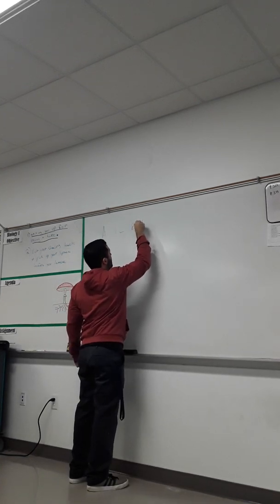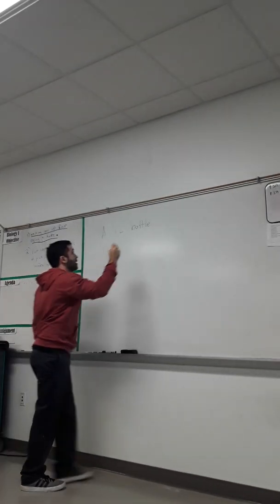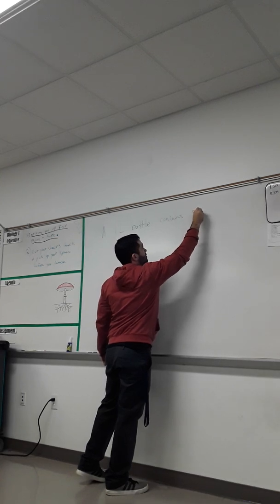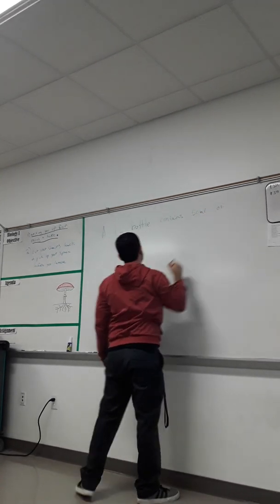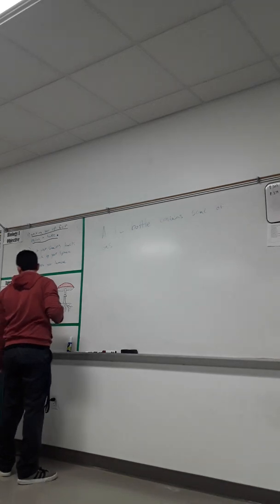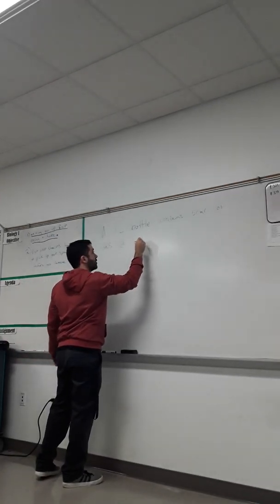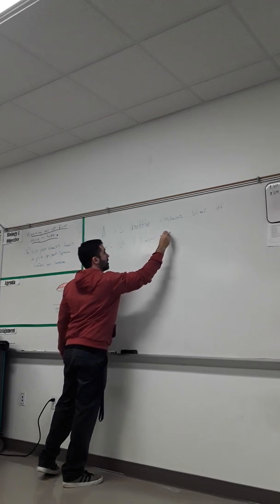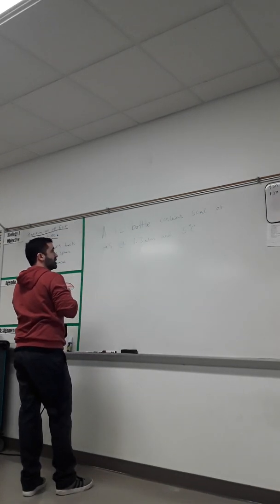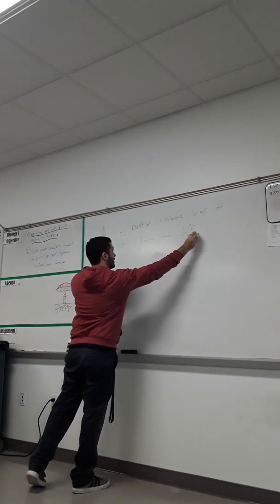A 1 liter bottle contains 50 milliliters of some gas at 1.3 atmospheres and 5 degrees Celsius.